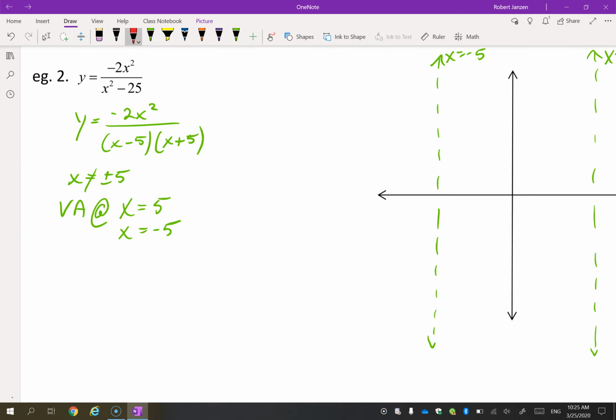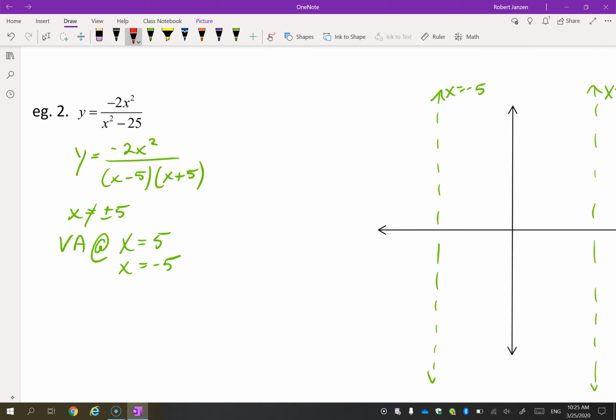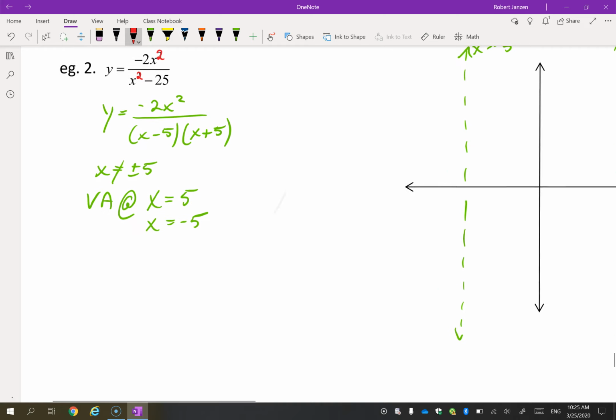Okay, next. Is there a horizontal asymptote or oblique asymptote? What is the degree? 2 over 2. If the degrees are the same, what happens? If the degrees are the same, you have a horizontal asymptote at y equals, and you look at the coefficients of that lead degree.